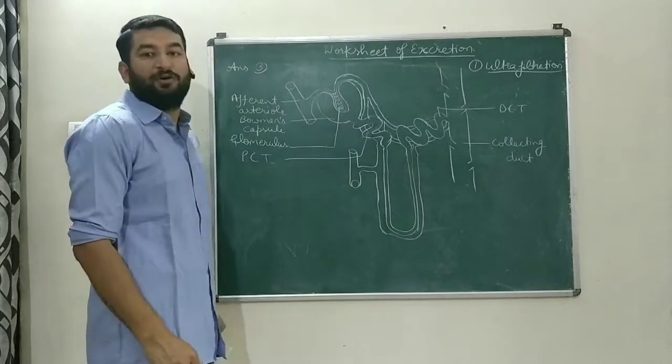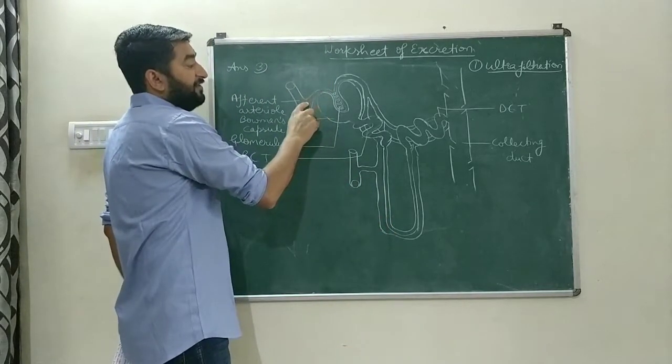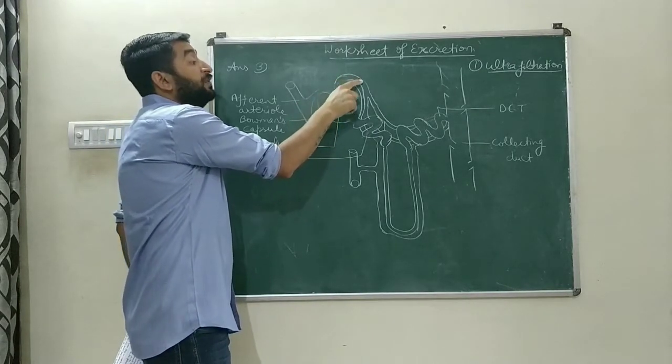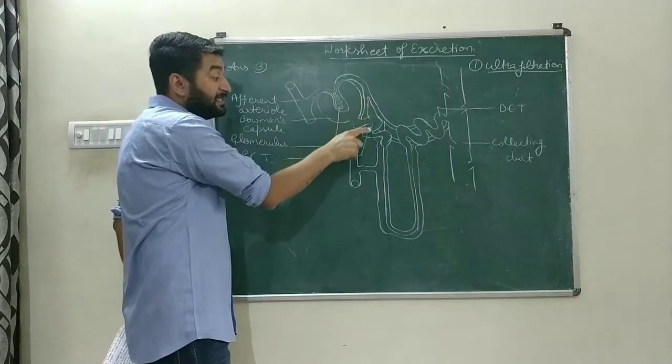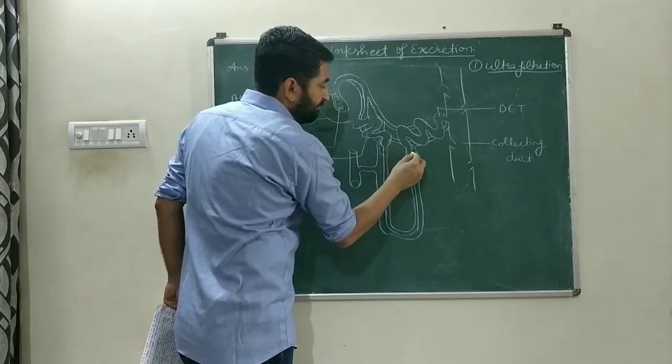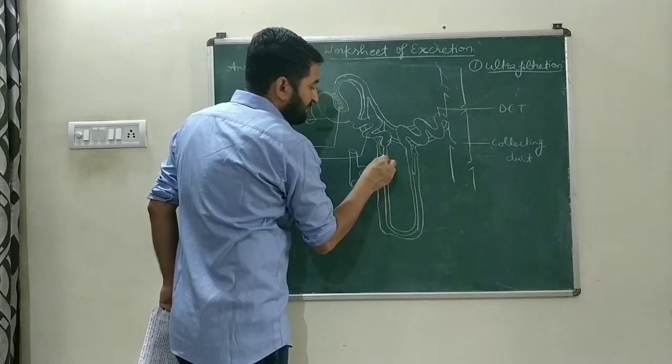This is renal venule. So, afferent arteriole brings the blood to Bowman's capsule. Then glomerulus combine together to form efferent arteriole, which makes a capillary network around this tubular region. This is the capillary network.